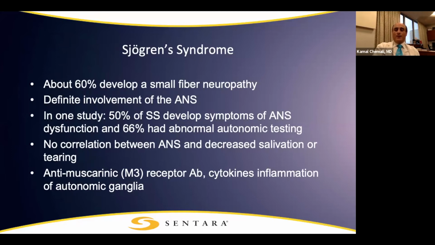We rely a lot on a drying test called the Schirmer's test, where you have a piece of filter paper that is put underneath the eyelid, and we measure the amount of tears that has been produced over 5 minutes, and we can know whether there is normal tearing or not. And the other test is the lip biopsy.